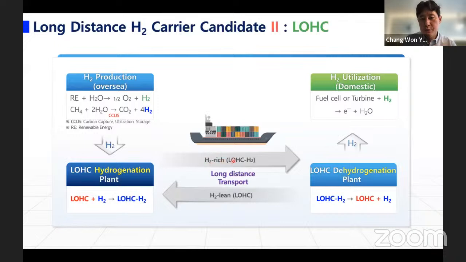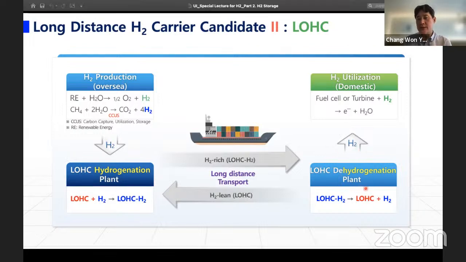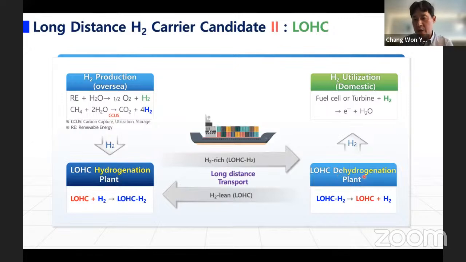And the hydrogen-rich form will be transported to the desired site. At the desired site, what we need to do is the second chemical reaction, which is called the dehydrogenation reaction. Using an LOHC dehydrogenation plant, the hydrogen-rich form of LOHC will be transformed into hydrogen and hydrogen-lean LOHC.